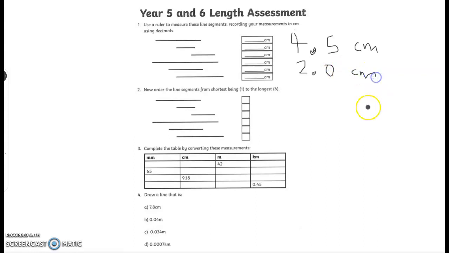See? Number 3 is 2.5 centimeters. Number 4 is 6.5 centimeters.